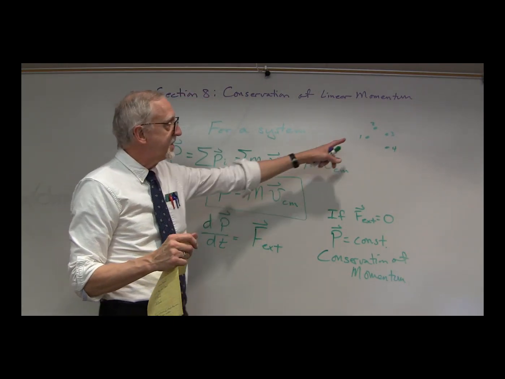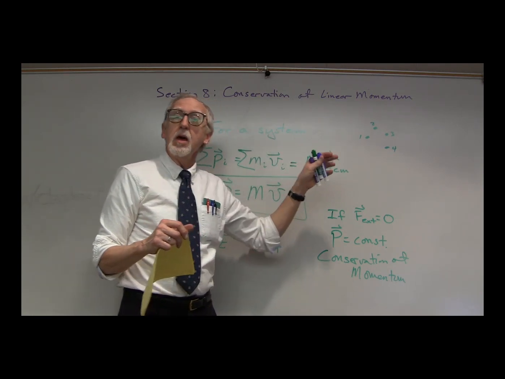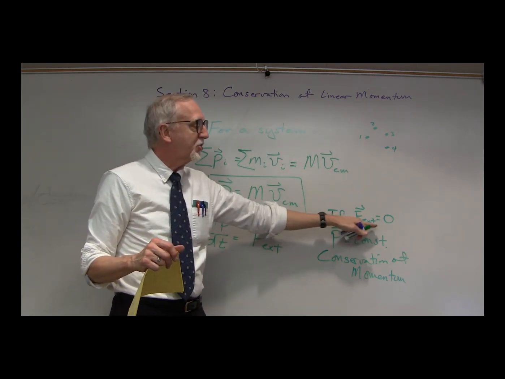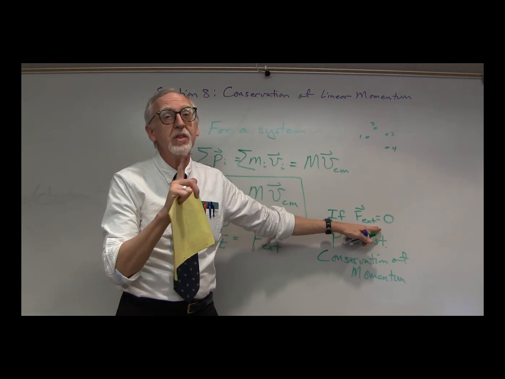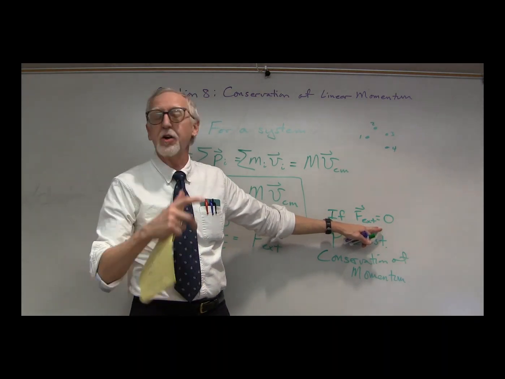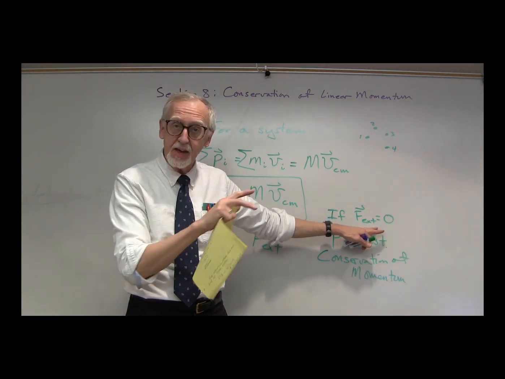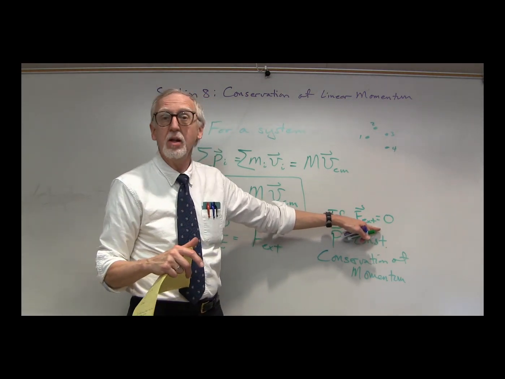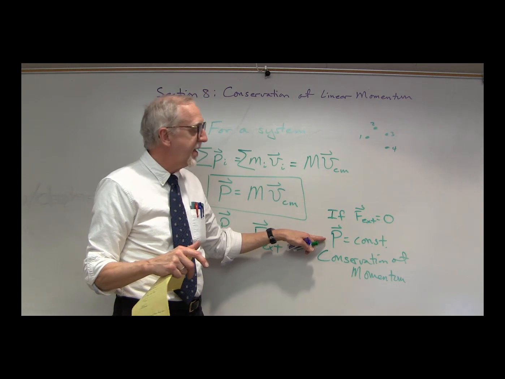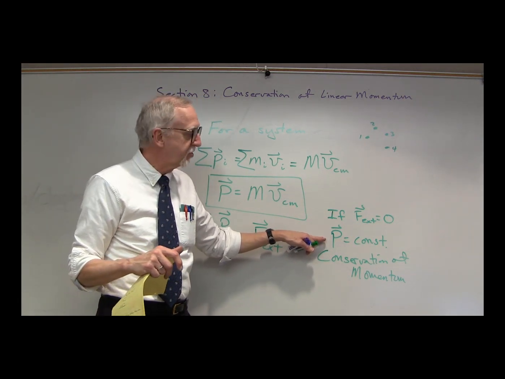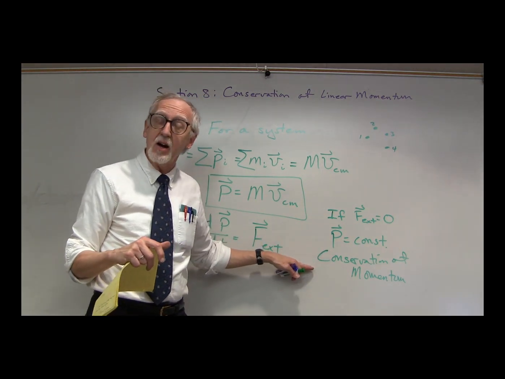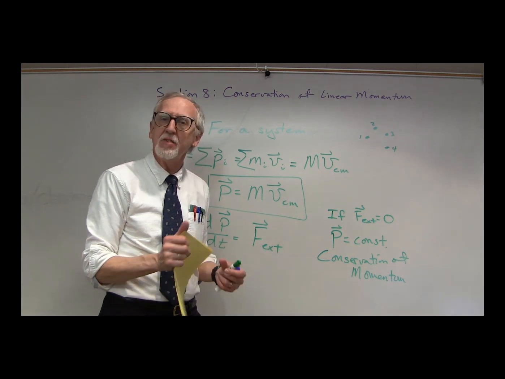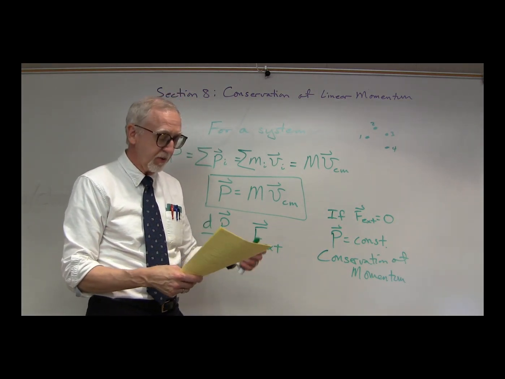If we've got a system of objects and there are no external forces, or I should say, the net external force is 0. There could be external forces, but if they all cancel out so that the net total external force is 0, then the momentum of the center of mass is going to be constant. We've got conservation of momentum. That is a very, very interesting result.